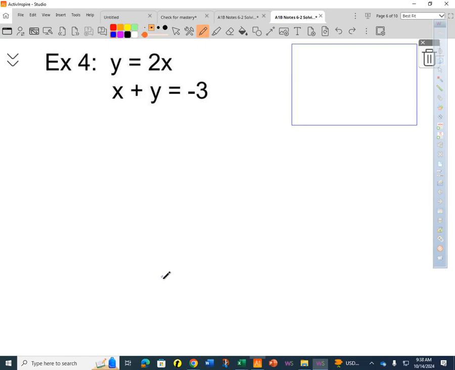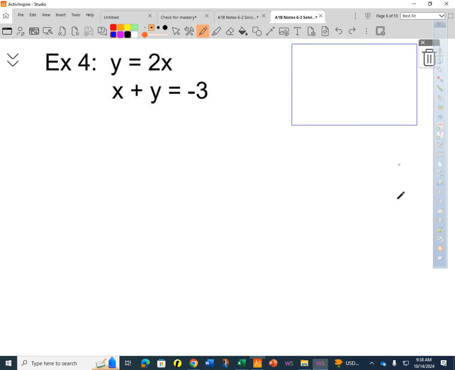But this would be a good system to solve by substitution, even when we learn the other way we're going to learn. We're going to learn how to solve by elimination as well. But anytime one of the equations is solved for the x or the y, it makes it a very good candidate for substitution. So now, I don't know what the y value is.